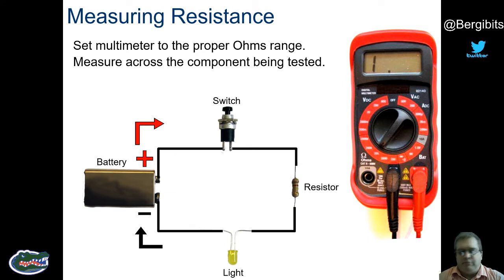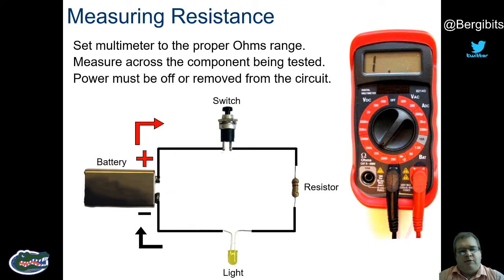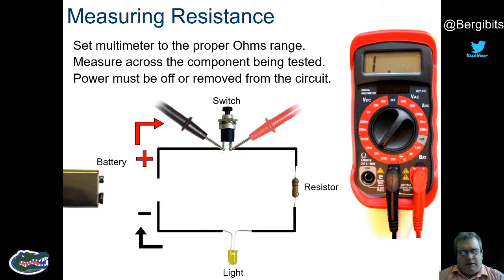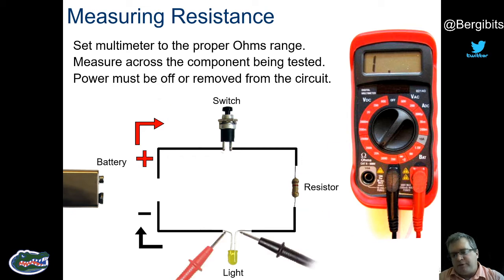Measure across the component being tested. So power must be off, so you take the battery out. And it doesn't matter when you're checking for resistance. Remember, it does not matter. The current's not flowing. You're just checking for resistance. So it doesn't matter if red or black is on left or right. Either way, you're going to still get the same reading.